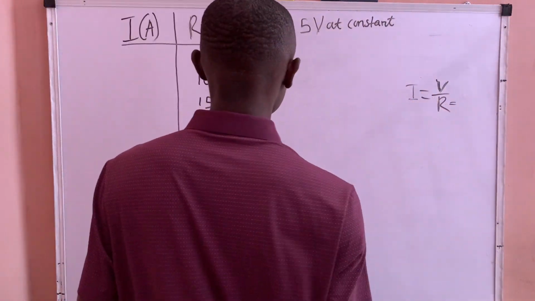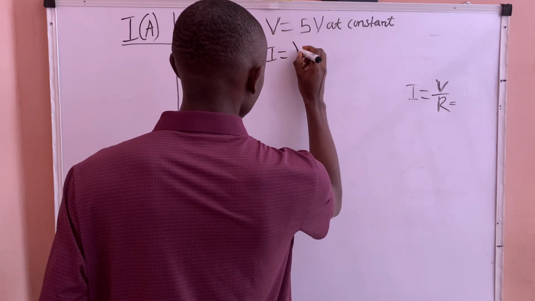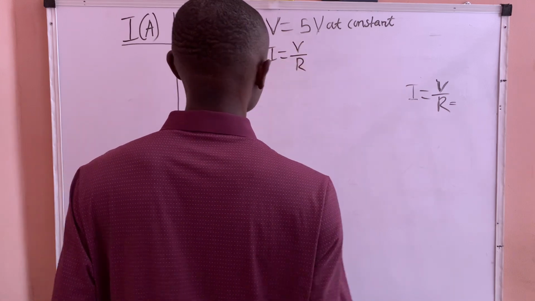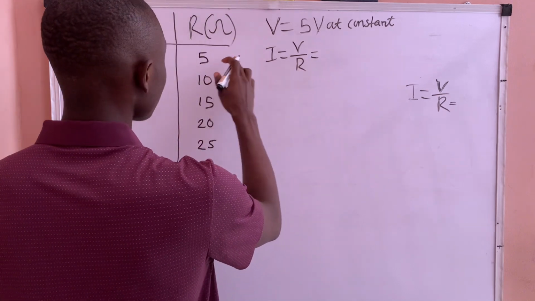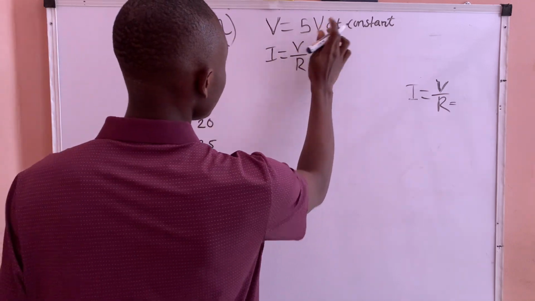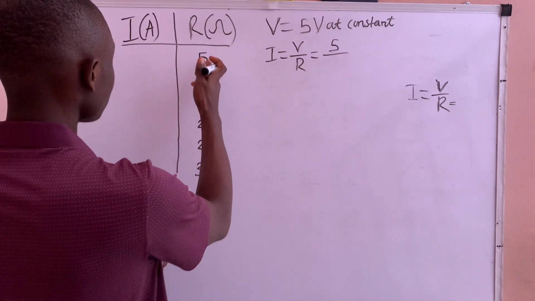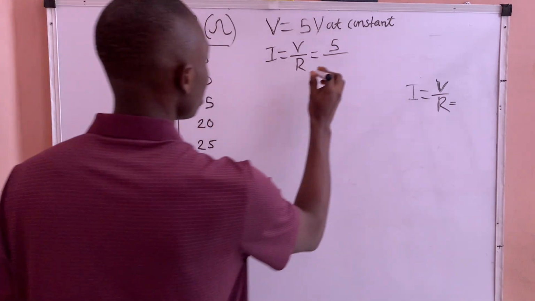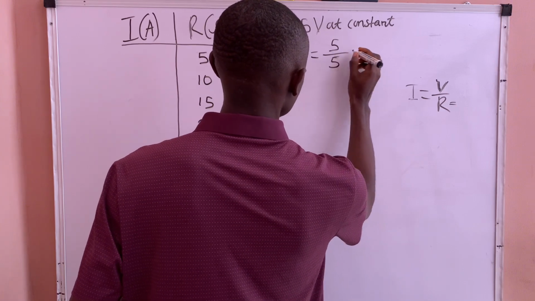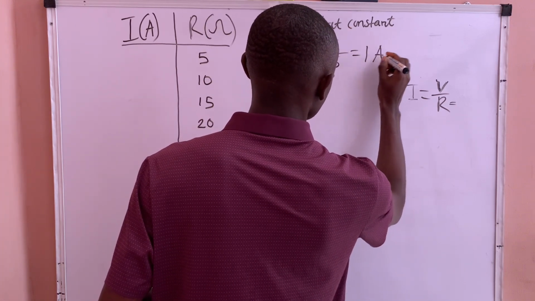Using this same formula, I will be equal to V divided by R. The voltage is 5 volts, which is constant, and the resistance is 5 because we are increasing the value of resistance now. So 5 divided by 5 is 1 amp.